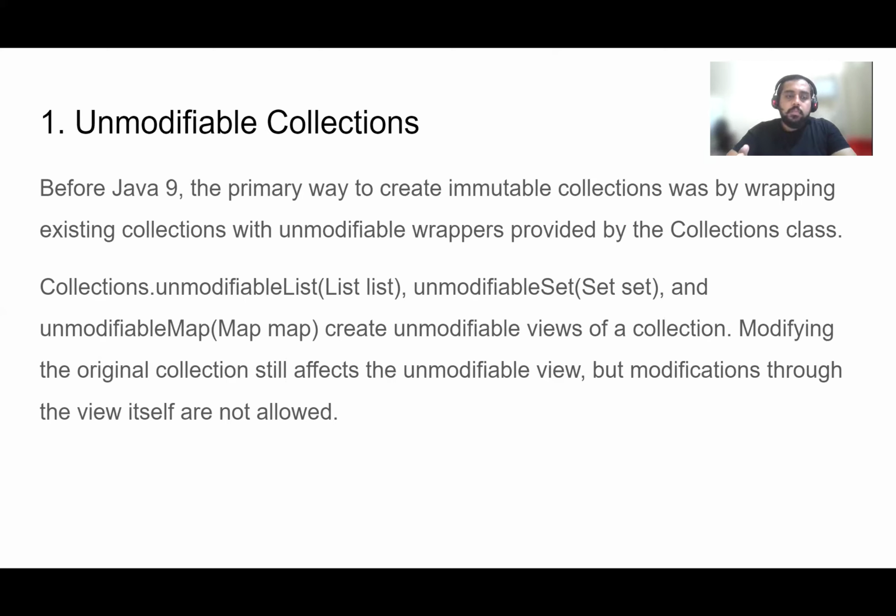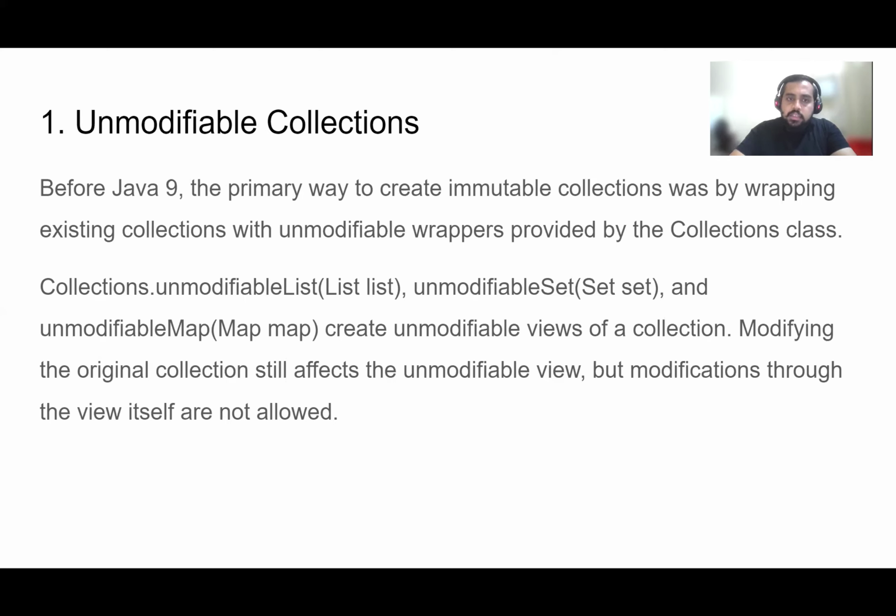Before Java 9, the only way to create an immutable collection was by wrapping the existing collection with the unmodifiable wrappers, which are provided by a utility class called Collections. In the Collections utility class, we have a method called unmodifiableList.